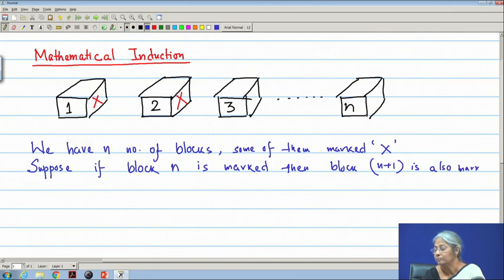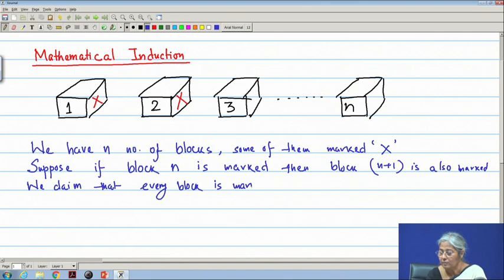This is given. Then we claim that every block is marked. Then how do we prove that our claim is true?